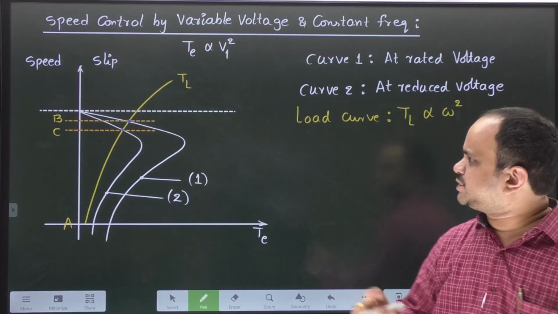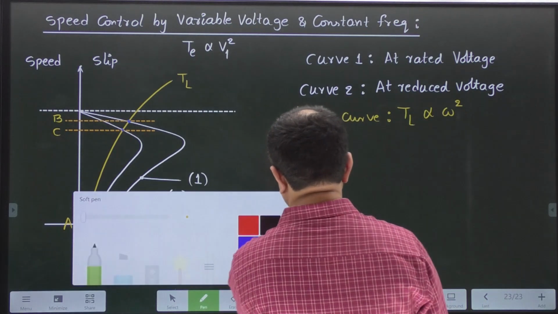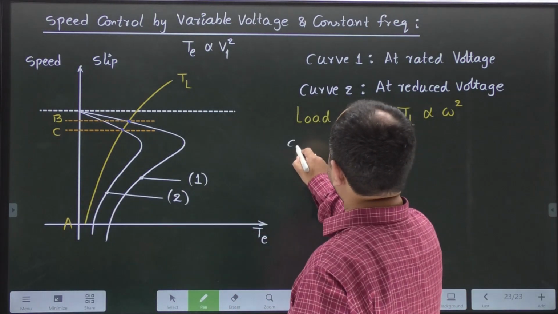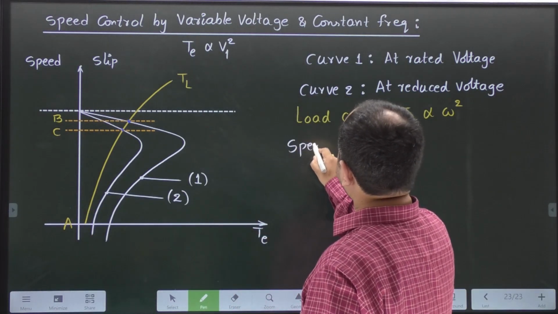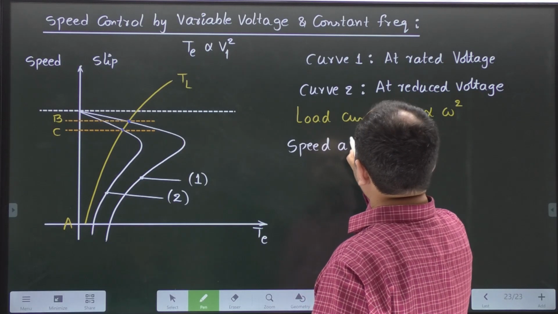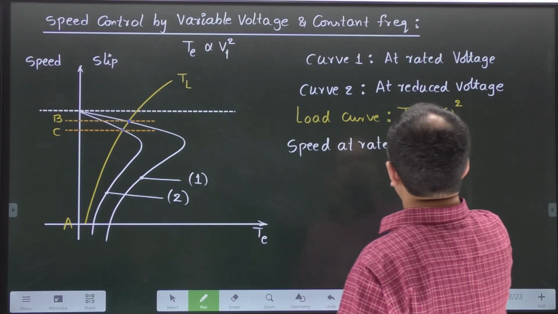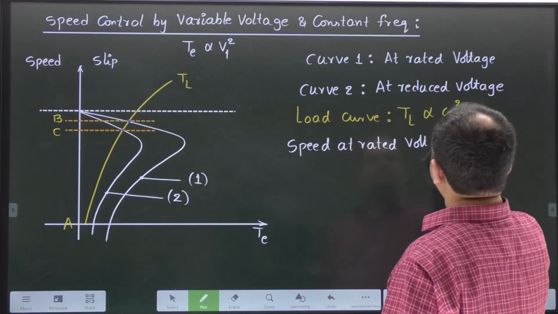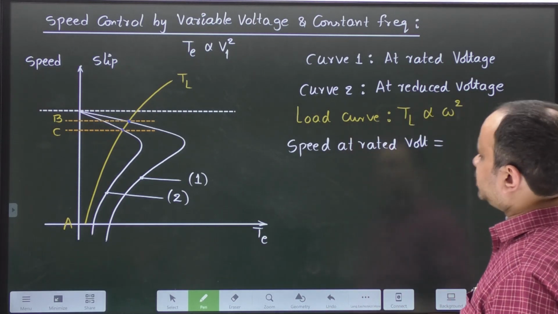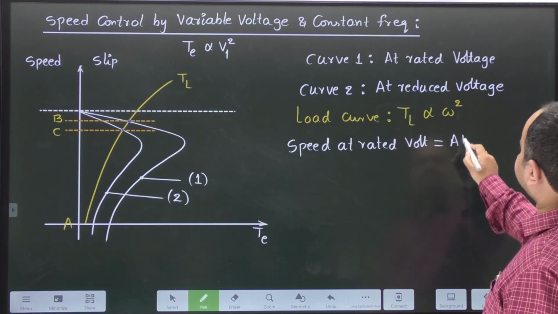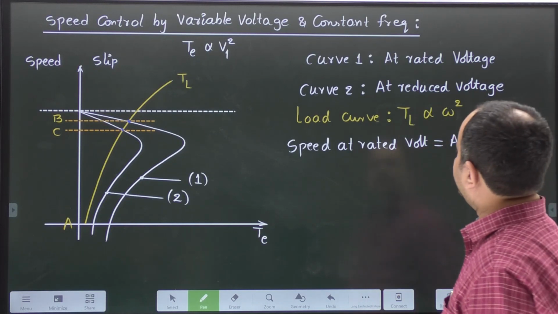So what is the speed at rated voltage? Speed at rated voltage is equal to AB, I can say, right?